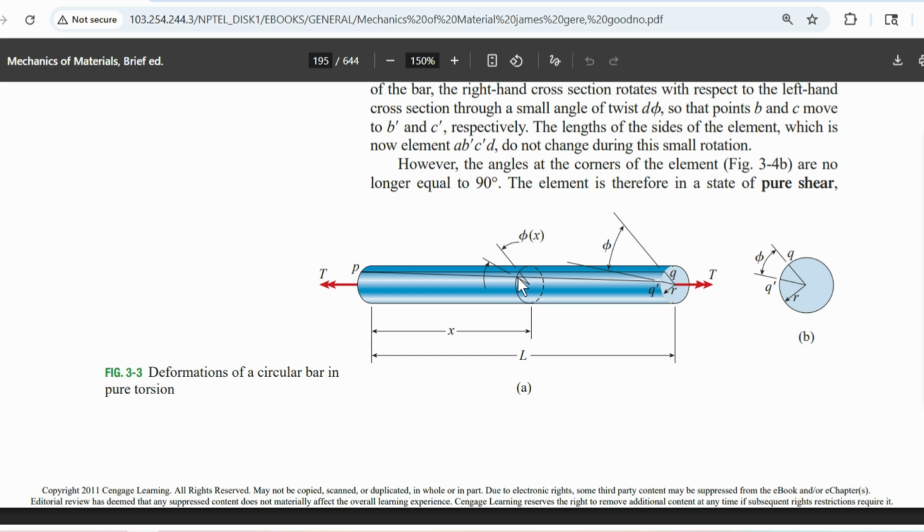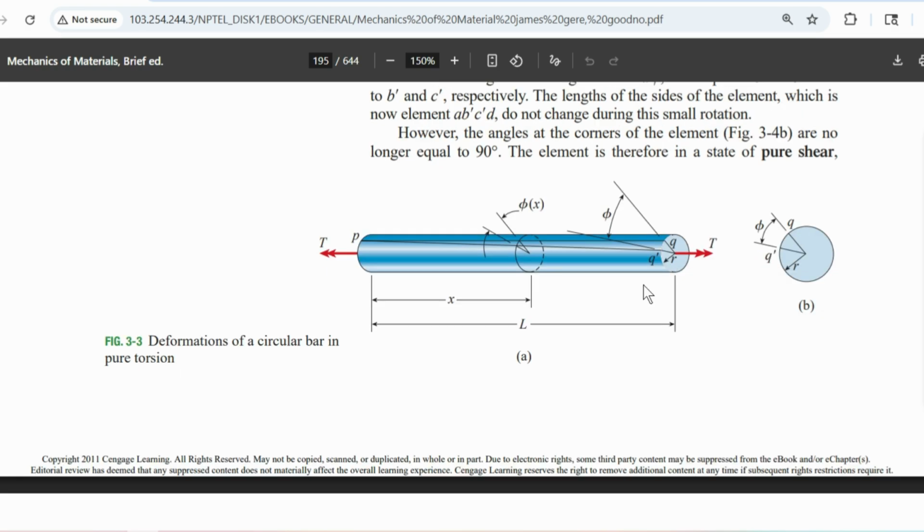But right here, when this whole thing rotates, oh, I guess not. This is fascinating. This is probably the trickiest part about this. So this face right here rotates that big angle. This face over here doesn't rotate at all.